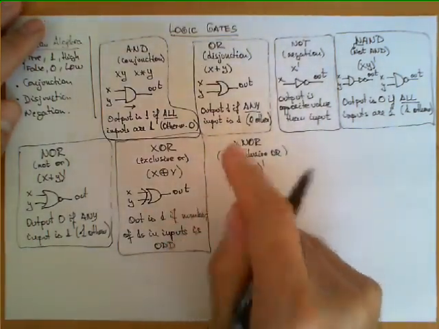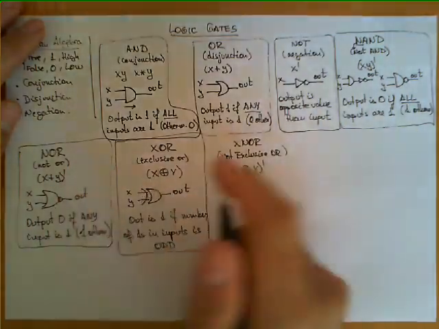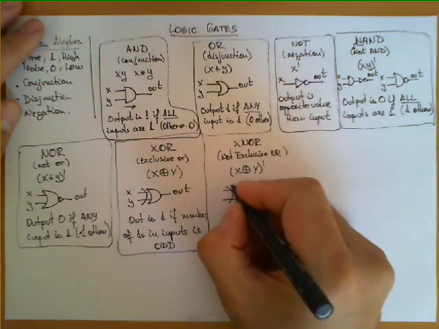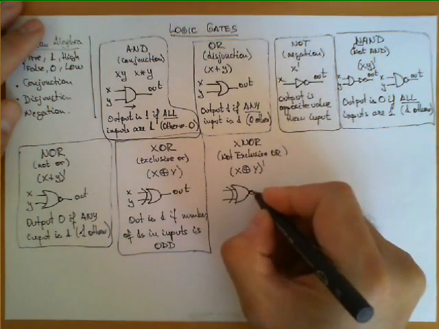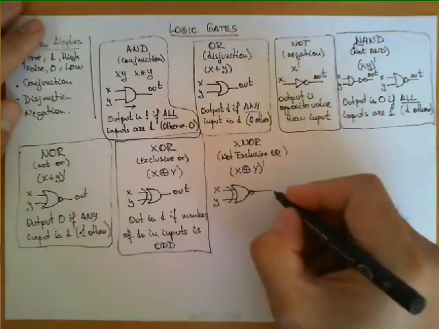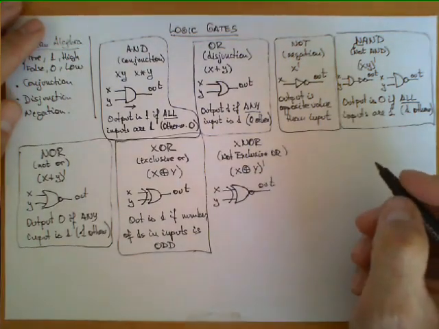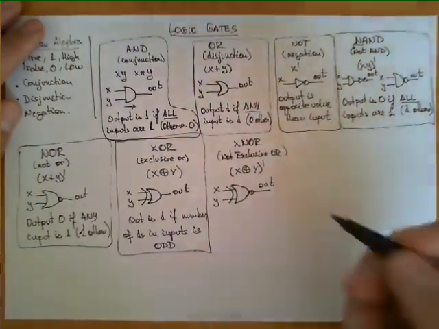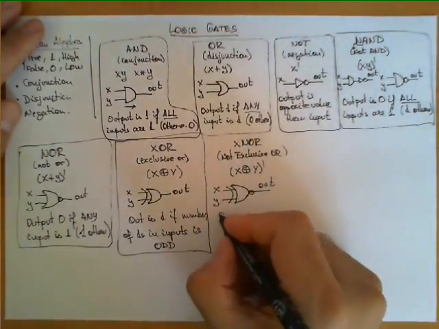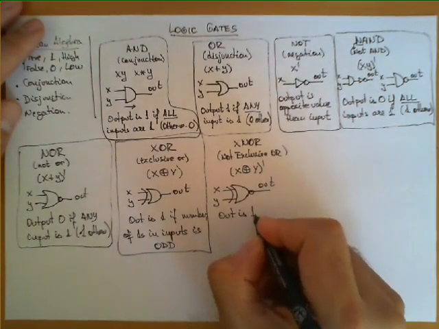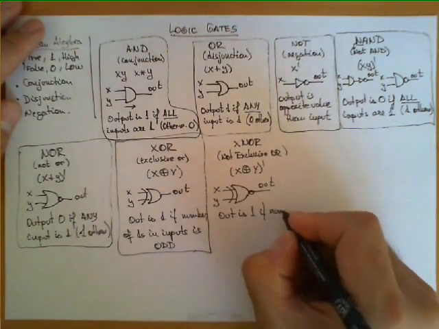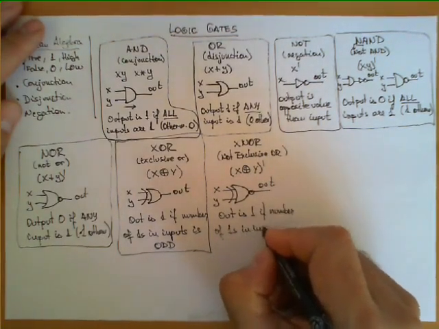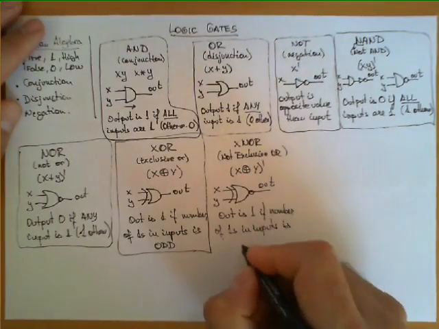And the symbol, we apply exactly the same technique we applied here, and we just modify our little symbol, same as before, but now with a circle at the end. So this is X, this is Y, and this is the output. And the rule in this case, we need to negate this, so a different way of saying that is the output is 1 if the number of ones in inputs is even.